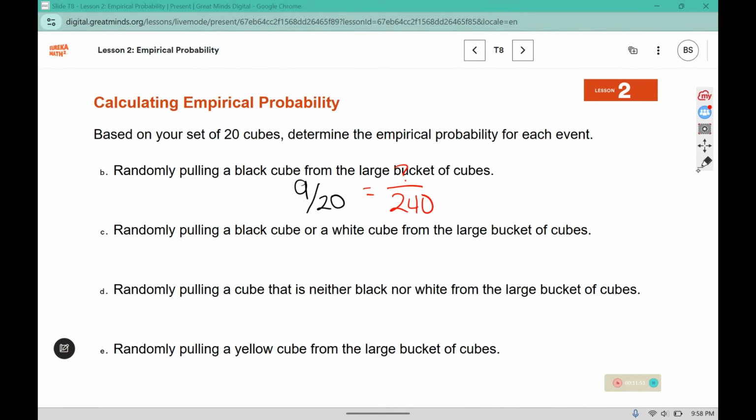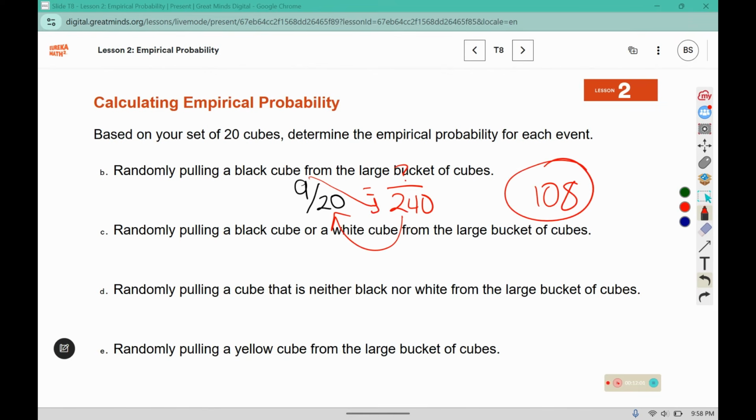And if we did that, we would expect 108 to be black out of the 240. 9 times 240 divided by 20 gives us 108 out of 240 to be black.